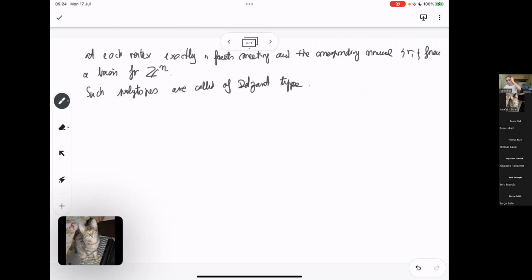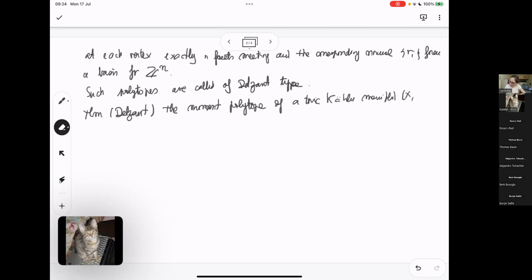And Delzant comes into the story because he proved the following theorem, which is the rest of the classification theorem. He proved that the moment polytope of a toric Kähler manifold determines the manifold, but in fact only up to equivariant symplectomorphism.